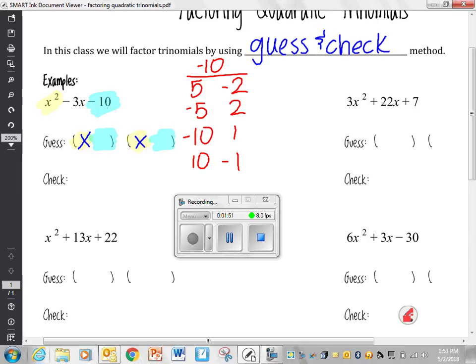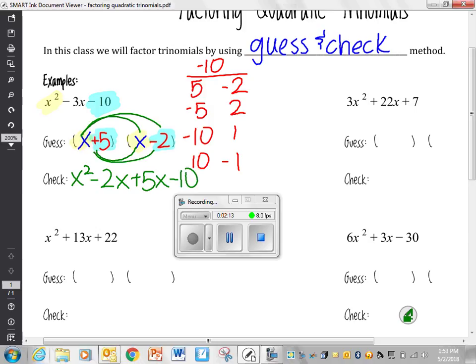So at first I wanted to check for plus 5 and minus 2. I could, but then I have to check. By checking, what you have to do is you have to double distribute. So x times x gives you x squared. X times negative 2 gives you negative 2x. 5 times x gives you 5x. And 5 times negative 2 gives you negative 10.